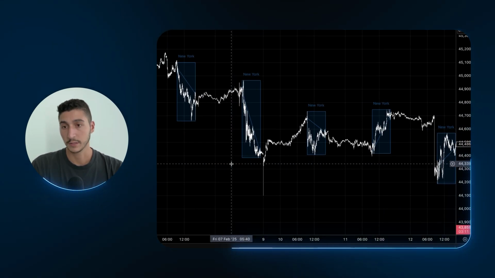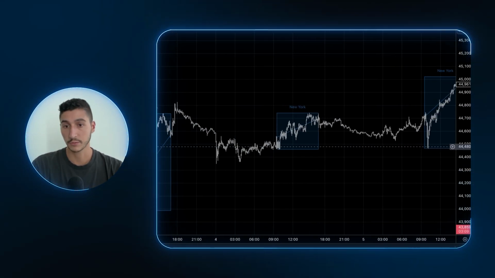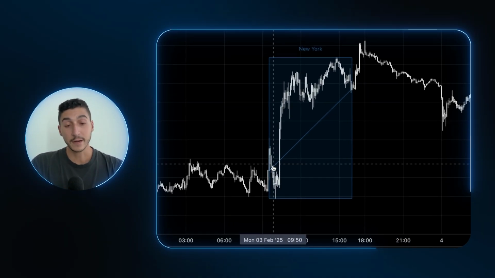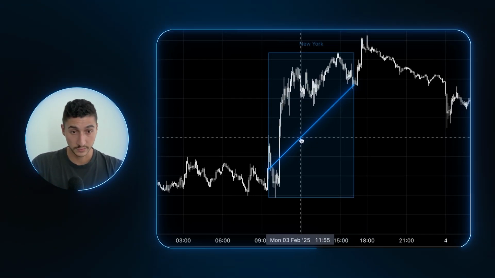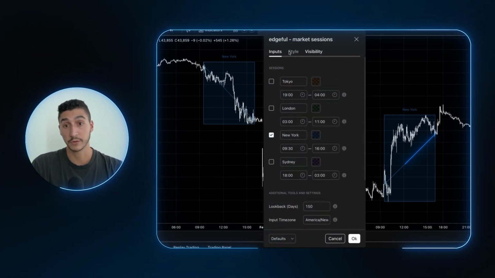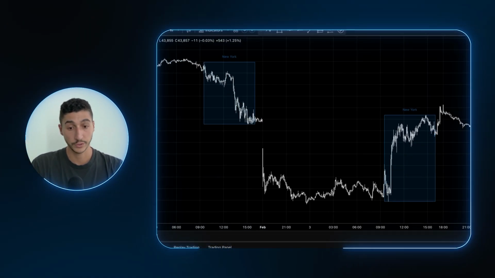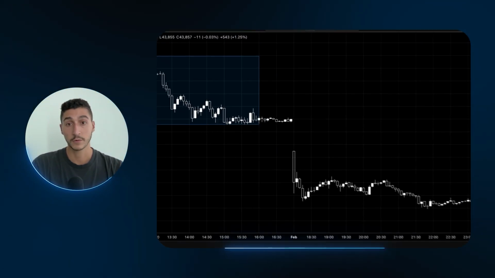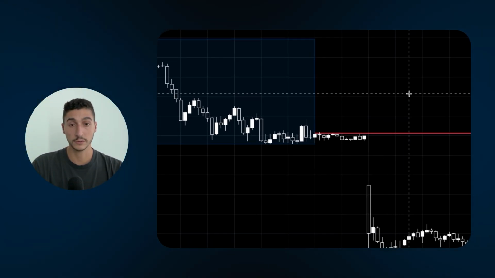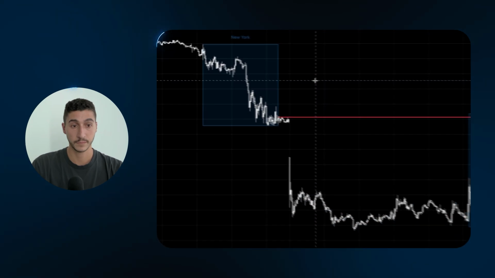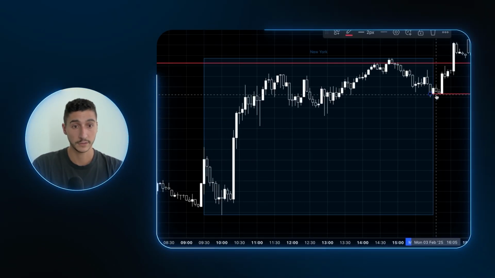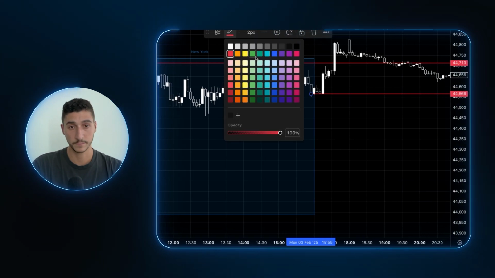Typically, you're going to see, okay, here's a great example right here. Instead of looking at this line here, this line becomes irrelevant now. When you're looking at the previous close to close, you're measuring from the previous session's close, which is this red line, to the close of this session, which is this green line right over here.